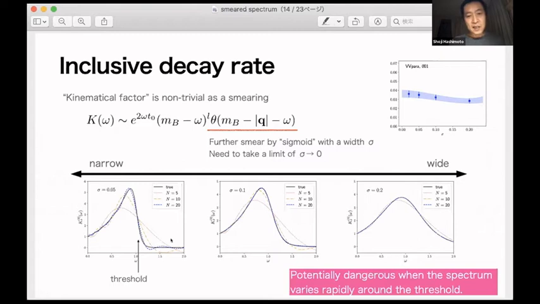Again, if I introduce a large enough smearing, the approximation is easier, and going to a smaller smearing width, the approximation gets harder. In the end, we have to take the limit of sigma, or the width, going to 0, that is shown in the top right plot, and we can do the extrapolation to sigma to 0.